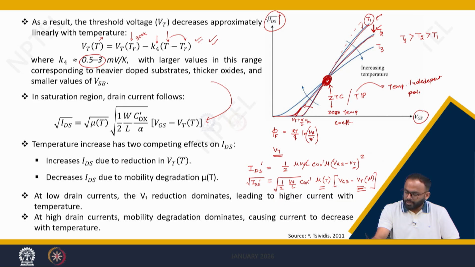It means at this point the impact of temperature is negligible, and hence as a designer you need to operate the device in this region so that the effect of temperature is negligible. This is similar to the Q point in your BJT, where you decide which point to choose to operate your device. So in terms of temperature, I need to choose this ZTC point where I will operate the device.